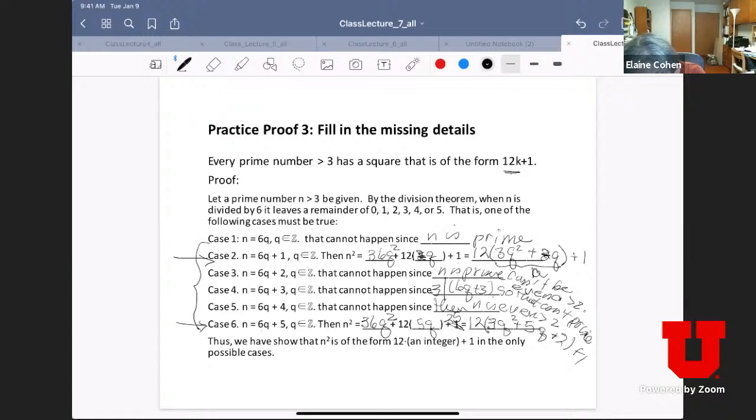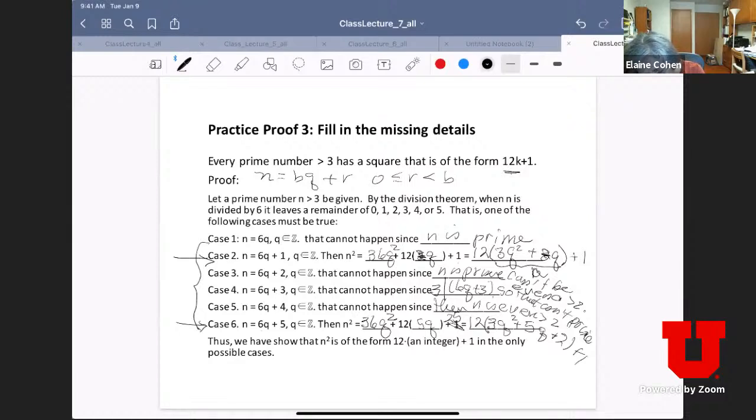So the division theorem says that you can write any integer n is equal to the divisor b times the quotient plus the remainder, where 0 is less than or equal to the remainder is less than b.